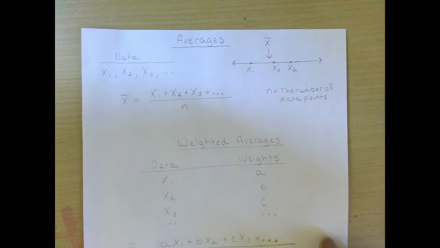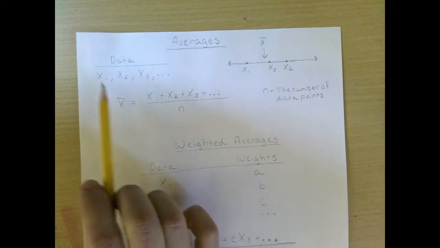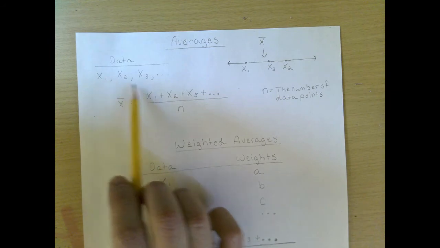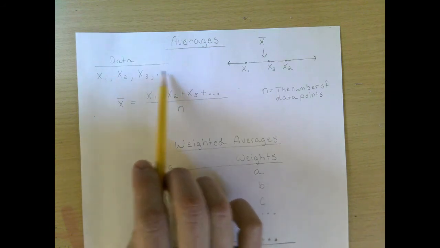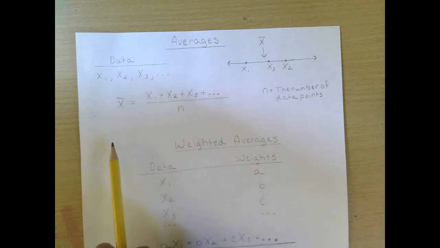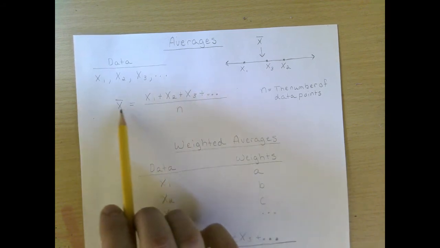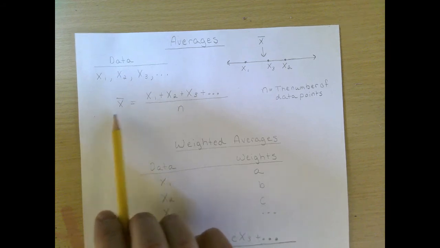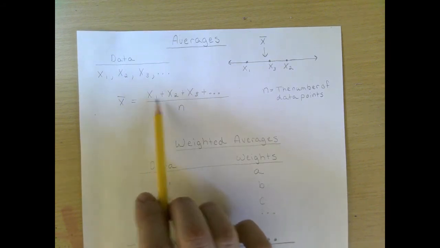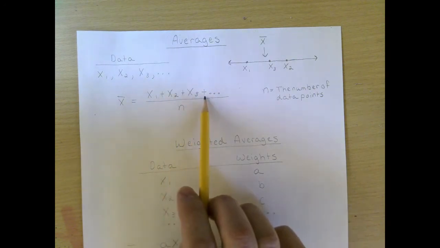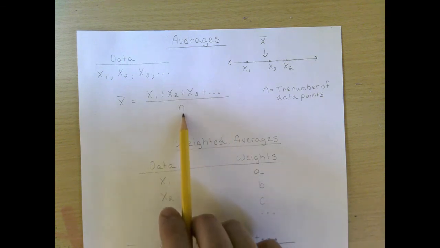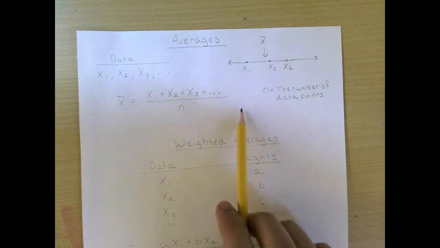So, averages. We get some measurements. They're going to be represented here as x1, x2, x3, and I've written an ellipsis here to indicate that this could just go on and on. We could have as many measurements as we want, okay? In order to calculate that average, which I've written here as x bar, we're going to add all of our measurements together, on and on for as many as we have, and then we're going to divide by the number of measurements that we have.